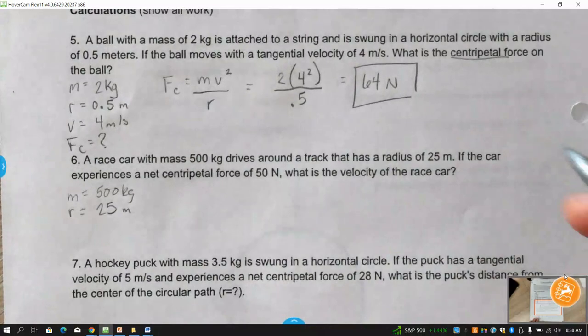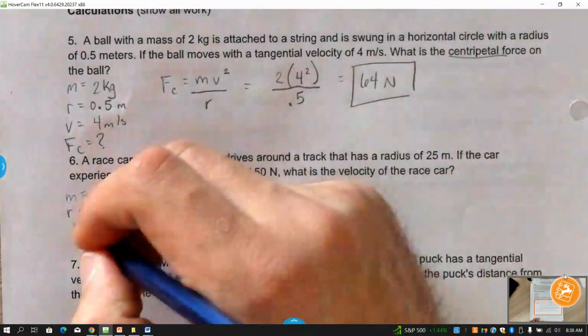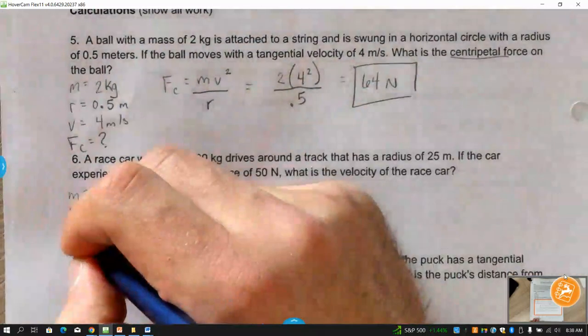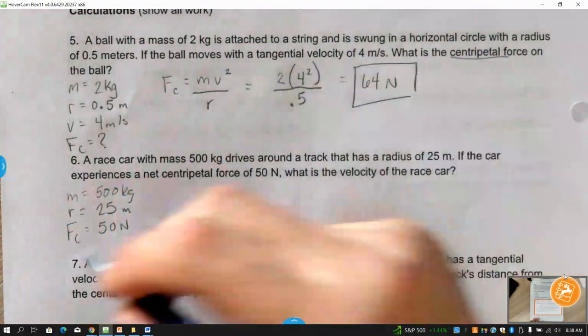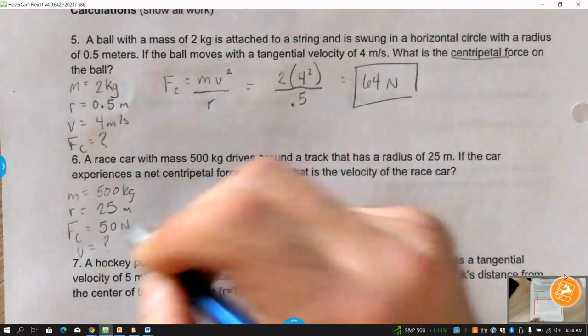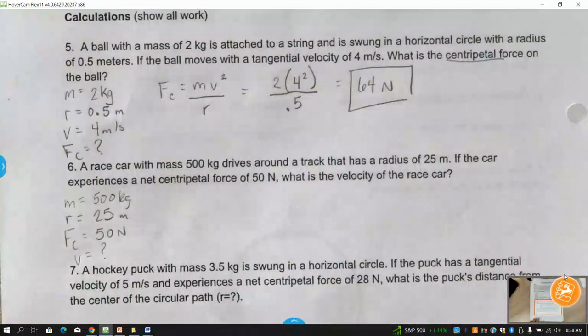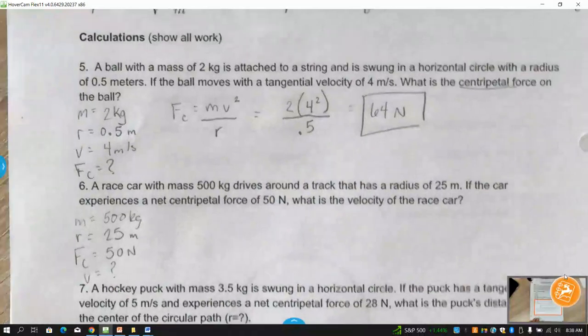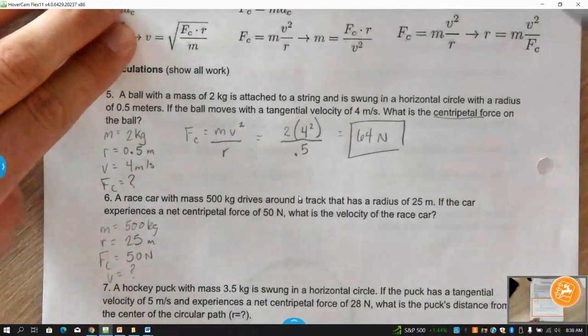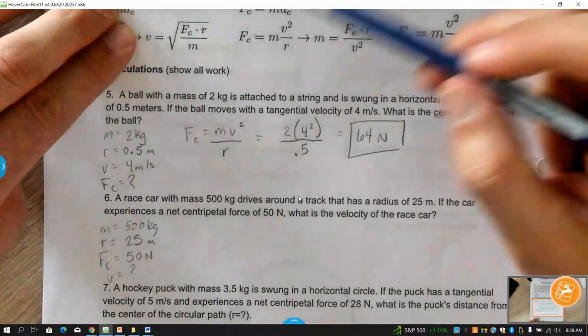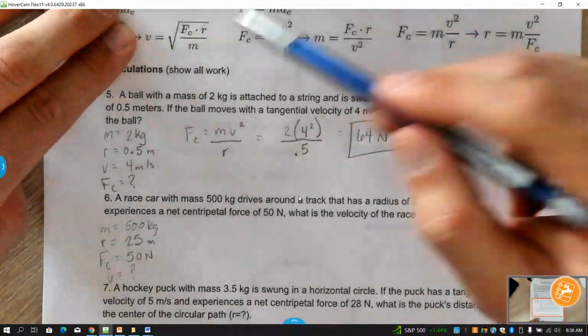And then if the car experiences a net centripetal force of 50 newtons, FC will be 50 newtons. What is the velocity? V is my question mark. So this equation here has our V that we need.